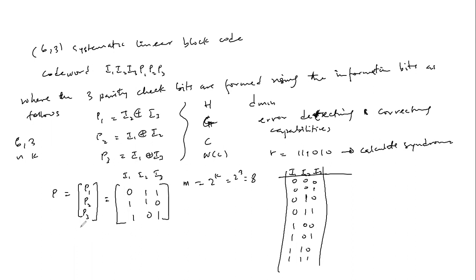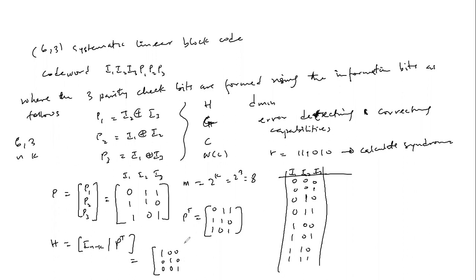Now, recall that the parity check matrix is I sub N minus K, P transpose. So we take the transpose of this, such that the transpose will be 0, 1, 1, 1, 1, 0, 1, 0, 1. The parity check matrix H will now be 1, 0, 0, 0, 1, 0, 0, 0, 1, that's the identity matrix, and 0, 1, 1, 1, 1, 0, 1, 0, 1.